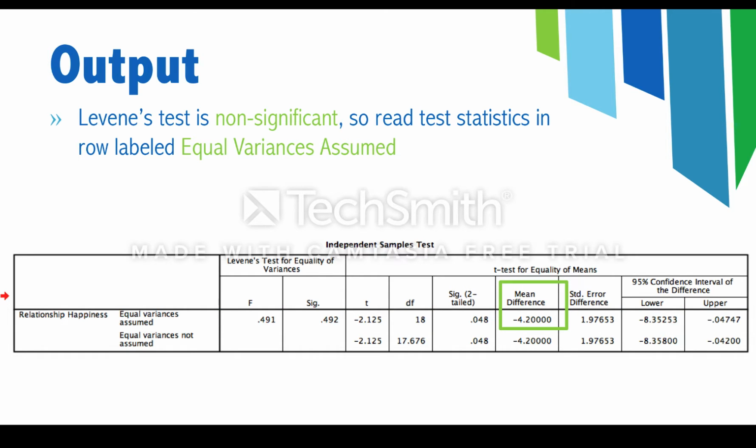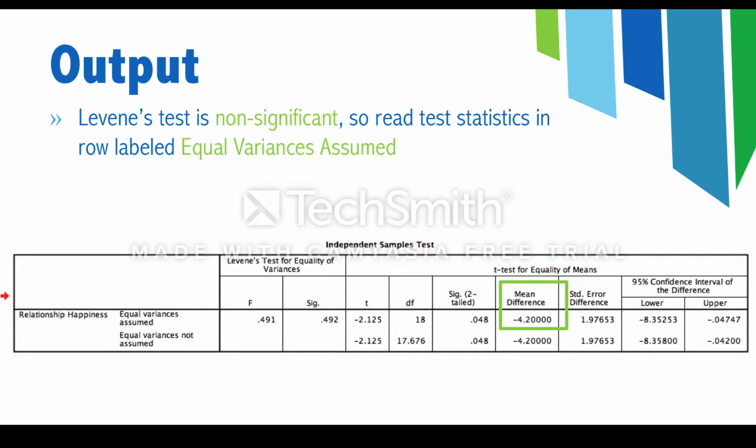Your mean difference between these two group means is presented in the mean difference column, and it has a value of negative 4.20. This mean difference is calculated as the difference between the mean relationship happiness score after reading Women Are From Venus and Men Are From Mars, and after reading Marie Claire.